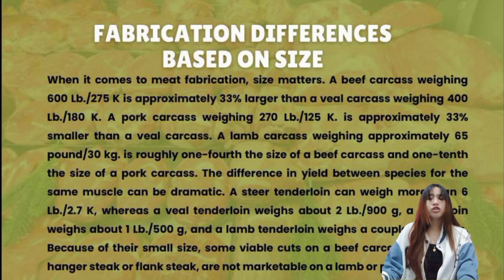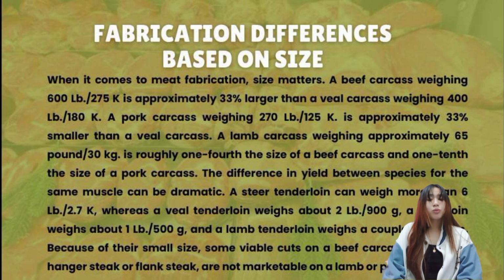So, fabrication differences based on size. When it comes to meat fabrication, size matters. A beef carcass weighing 600 pounds, 275 kilos, is approximately 33% larger than a veal carcass weighing 400 pounds or 180 kilos, and a pork carcass weighing 270 pounds or 125 kilos is approximately 33% smaller than a veal carcass.